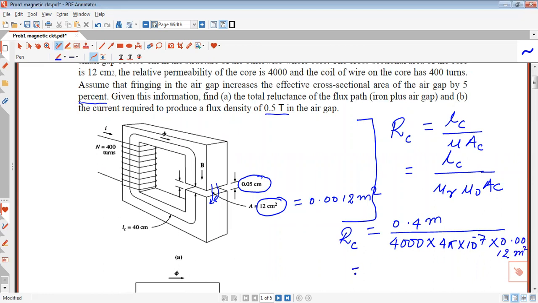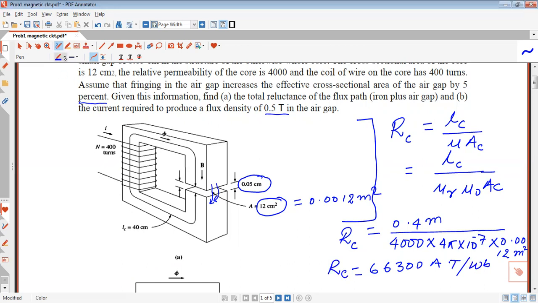After solving, we get its value approximately 66,300 ampere turn per Weber.